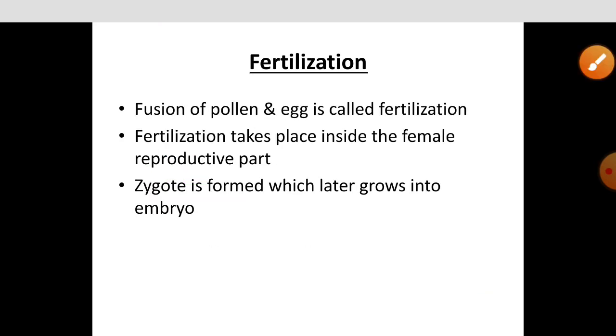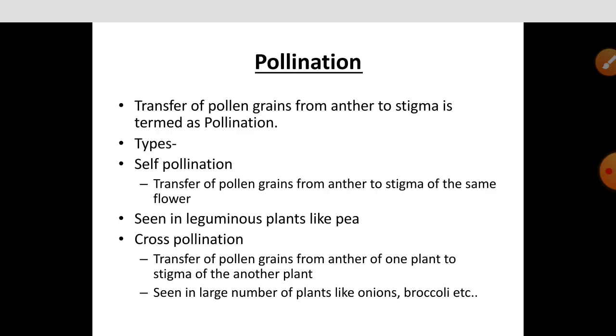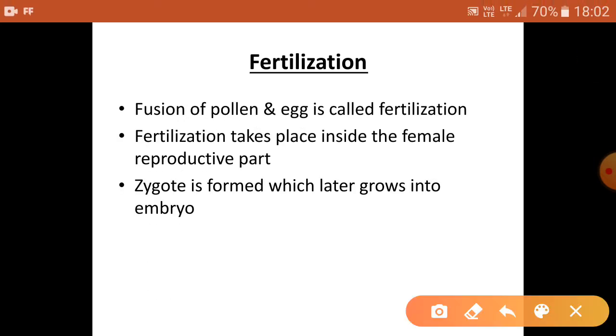The next step will be fertilization. Once pollination is successful, the pollen grains, that is the male gametes, are transferred from the anther to the stigma. The second step is fertilization. Fertilization is the union or fusion of the gametes. Gamete means pollen, that is the male gamete, and egg is the female gamete.